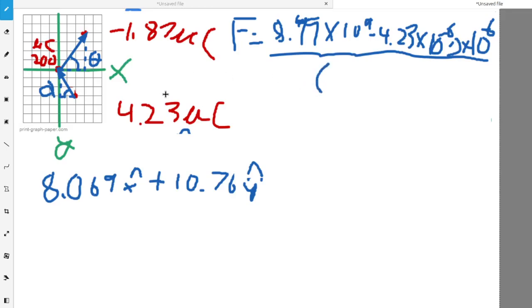We know that the radius is the square root of 13 centimeters, so it's the square root of 13 times 10 to the negative 2 meters. If we square this, we have 13 times 10 to the negative 4. Again, that's a Pythagorean identity.